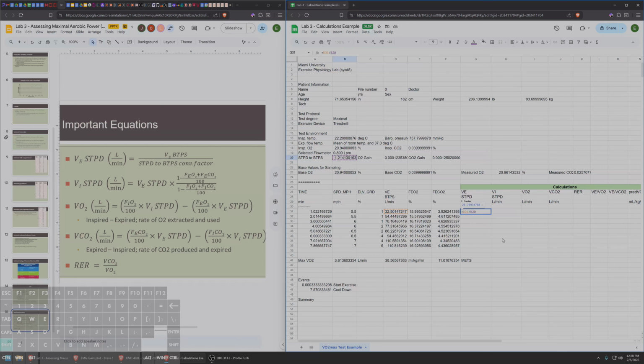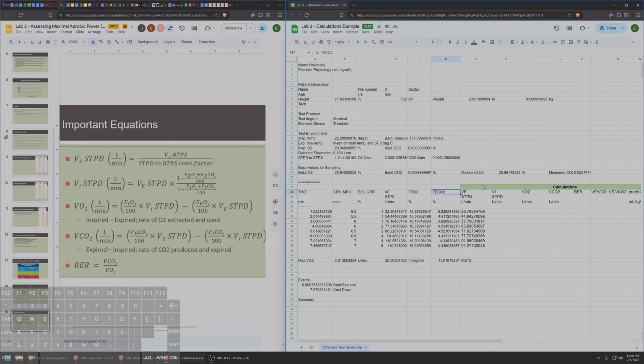I'm going to add in a dollar sign. What that dollar sign does is it says, hey, always point to this row of this column. Always point to B20. And then I can just come here and hit that to automatically apply it.